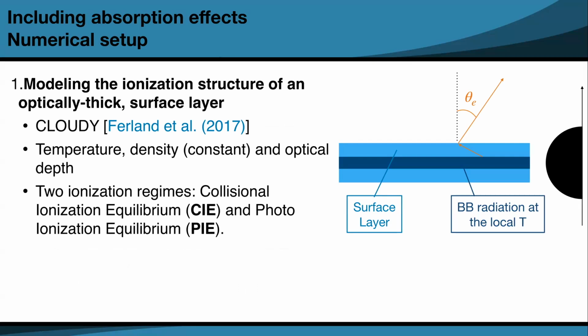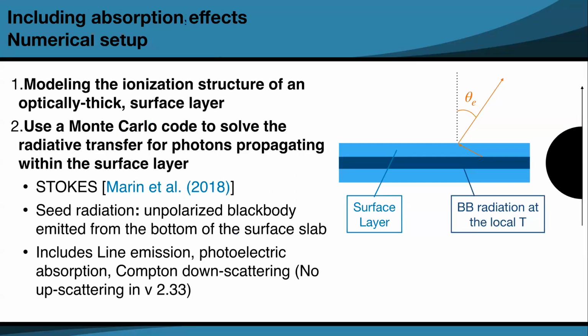Then we used the ionization structure of the layer obtained in this way as an input for a Monte Carlo code named Stokes. And this code basically computes the polarized radiative transfer for photons propagating within the atmosphere.